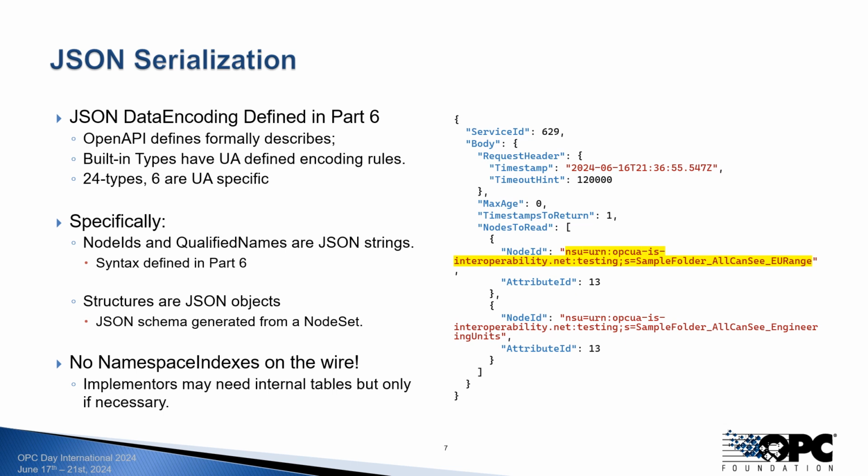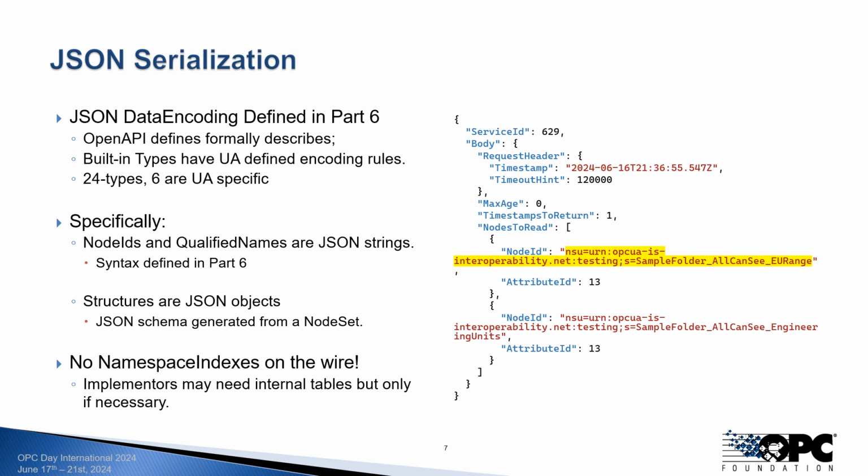However, we are generating JSON schema files from the node set, using the jsonschema.org syntax. So this can happen automatically from the node set. There's no need for handcrafting it. As long as you've got a node set, you run it through the tooling, and out comes a schema that can then be used in addition to the OpenAPI definition.